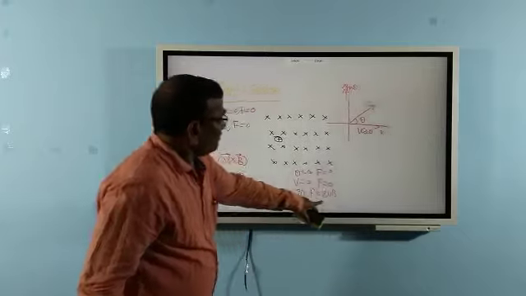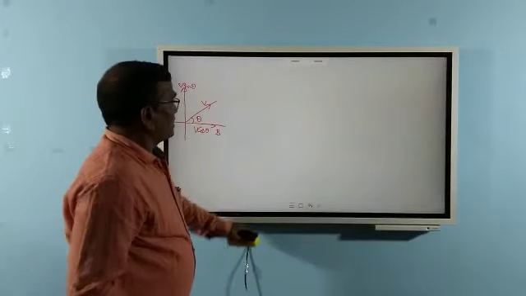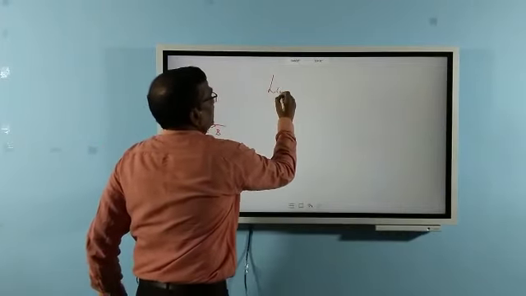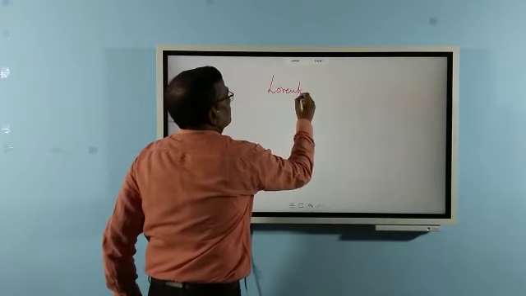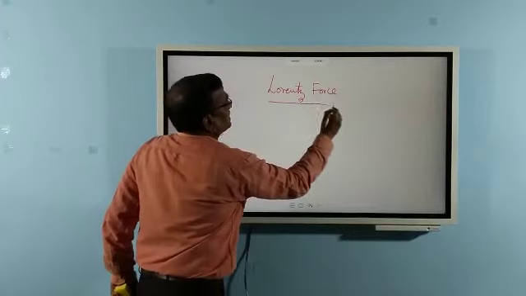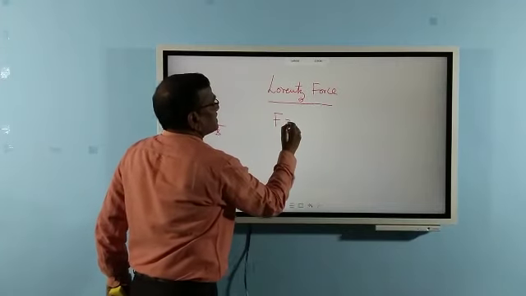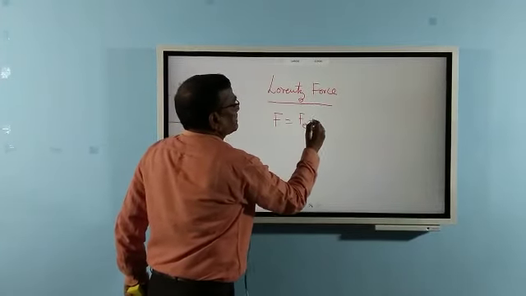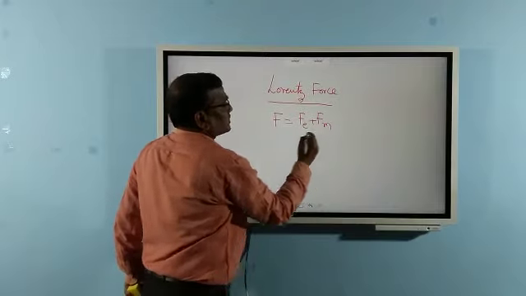Now let us sum up these two forces. The sum of these two forces is known as Lorentz force. Lorentz force is the sum of the two forces, electric force as well as magnetic force.